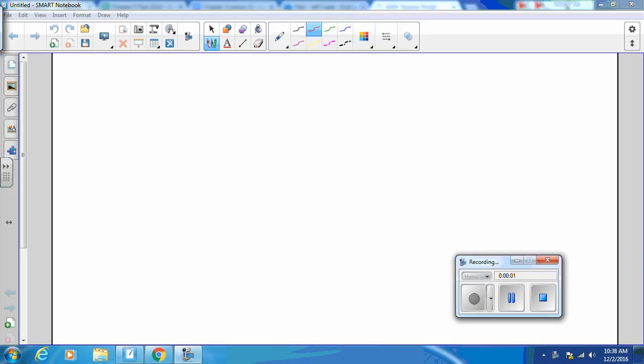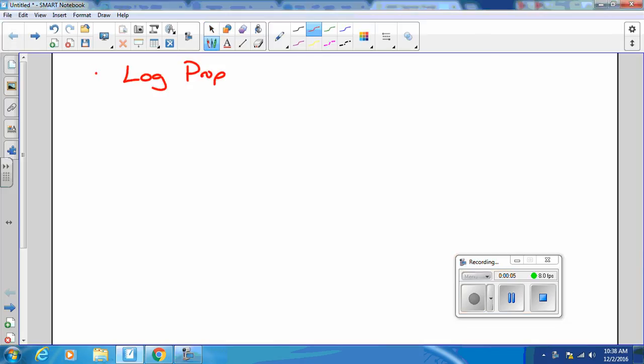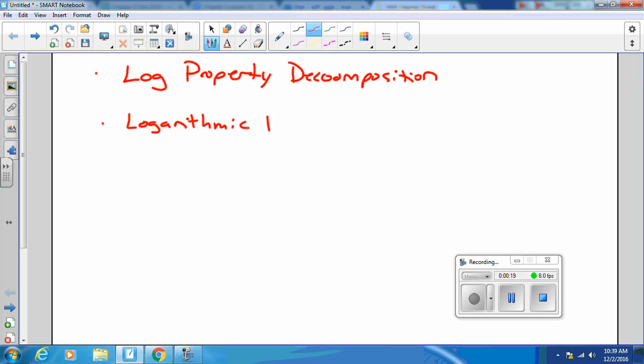Today is to first of all talk about log property decomposition, and second of all, to talk about logarithmic differentiation.